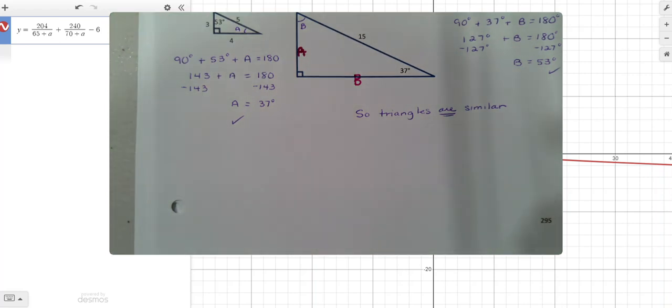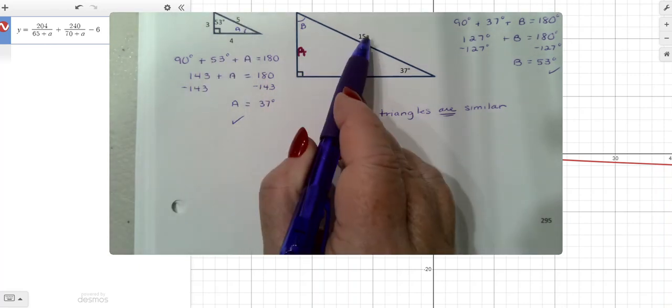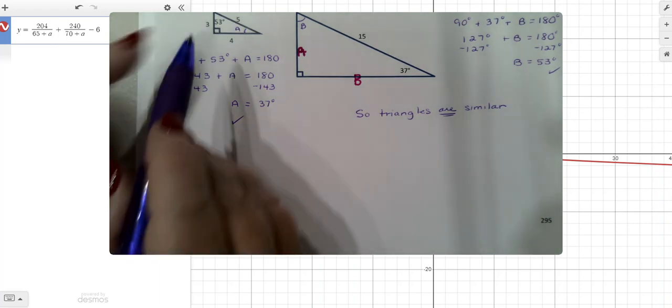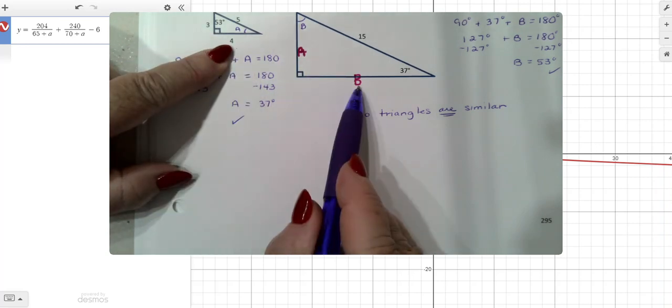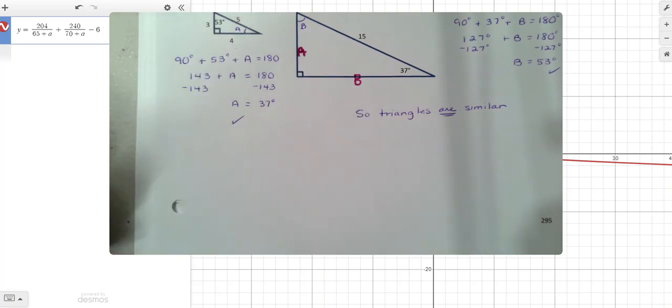Now, in this particular case, it might be pretty obvious that to go from the small triangle to the large triangle, I've multiplied by 3. And in fact, that does work. So I can predict that this is going to be 12, and this is going to be 9, and that's going to be 12, right? We can predict that. But I also want to show you the math behind it, because sometimes it's not as obvious as it is in this case.